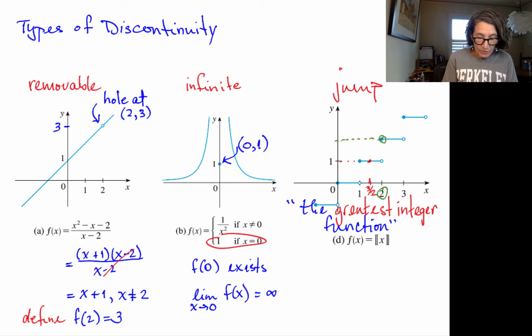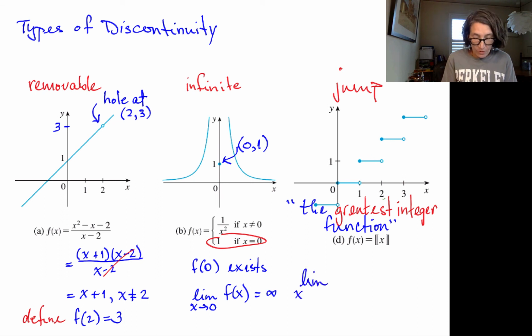So f of 2 is 2. So this is called a jump discontinuity because the limits, the one-sided limits, don't agree. At each integer for this particular function, at each integer, the right-hand limit and the left-hand limit don't agree.